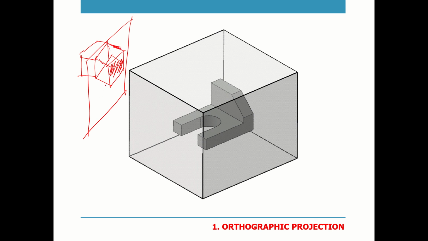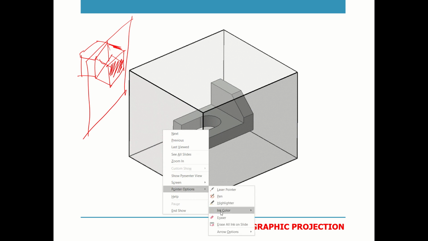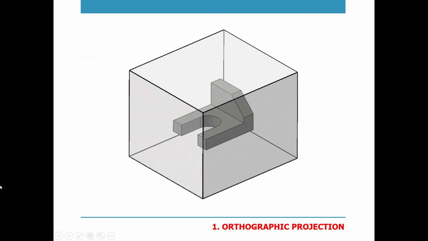So theoretically speaking, in order to construct orthographic projection, what we assume is we have an object. This is a 3D object that is shaded in dark gray. We assume that it is in an enclosure.